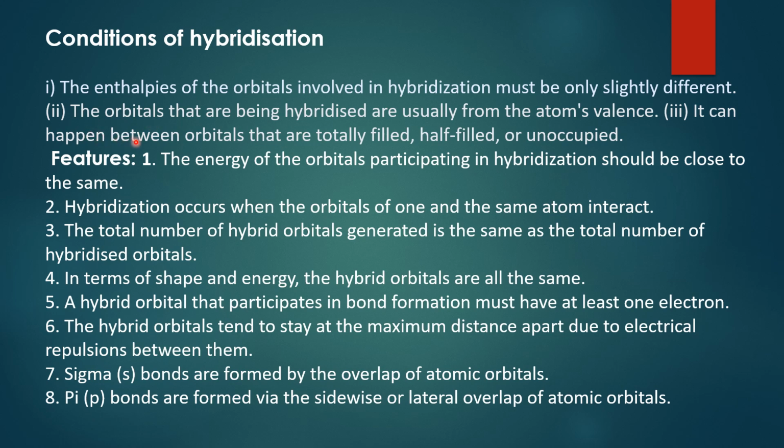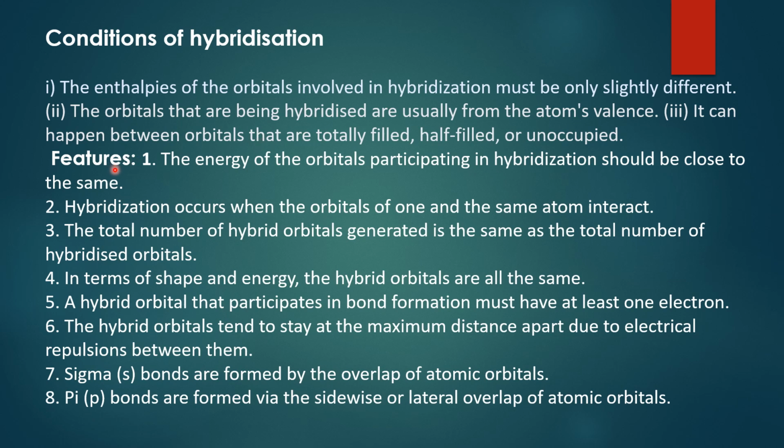Let us see the features of hybridization. The first point is that the energy of the orbitals participating in hybridization should be close to the same. Whatever atomic orbitals participate in hybridization, both should possess equal energy. Atomic orbitals with unequal energies do not participate in hybridization.